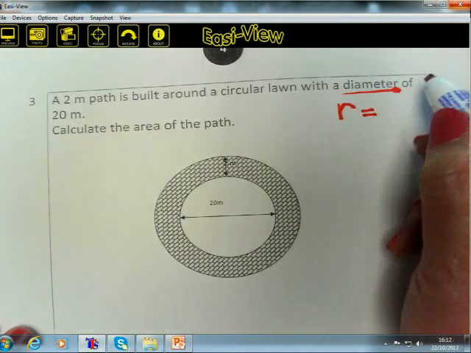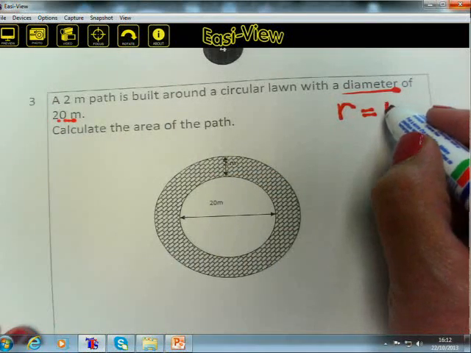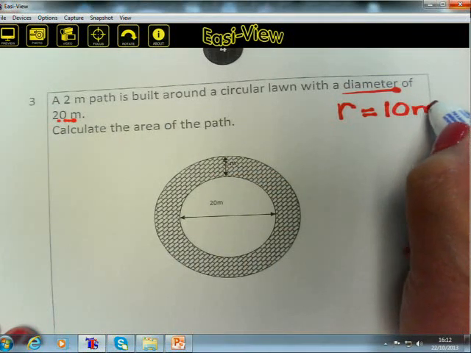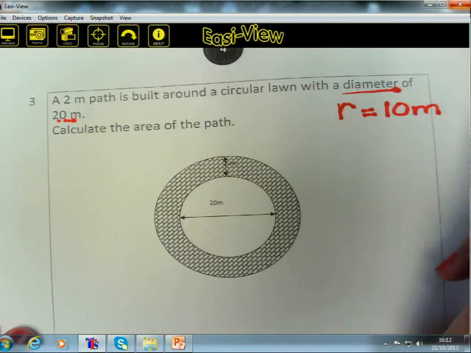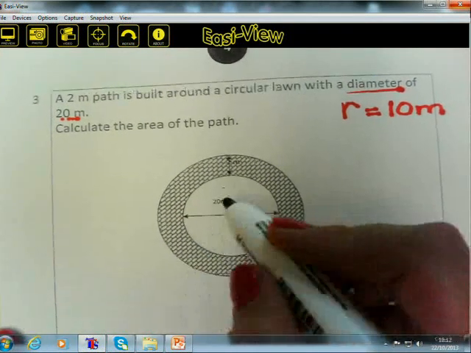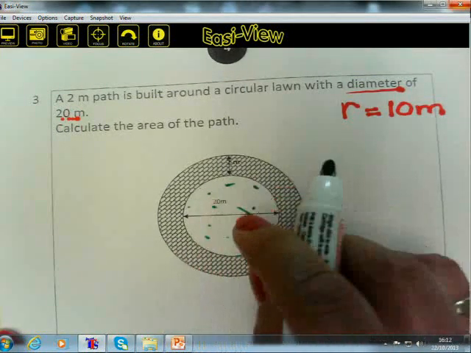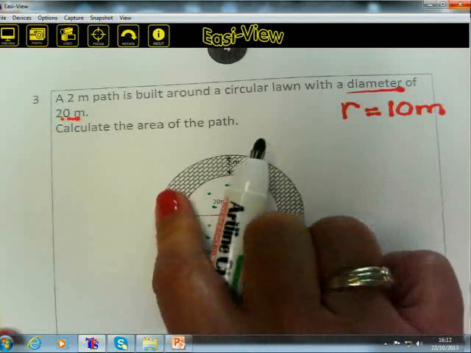So if the diameter is 20, the radius will be 10 meters. Now you must also remember, this is our lawn. This is the lawn, this green part here. And I want to put a path around it.